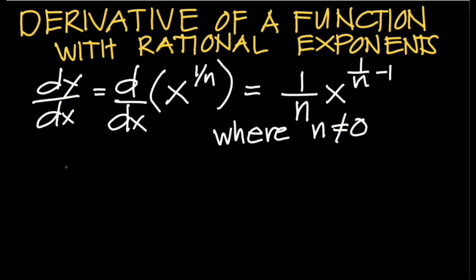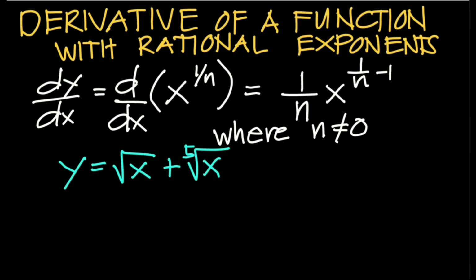Now let's say we're given this function y equals square root of x plus fifth root of x. We can get rid of the radical by writing this in exponential form. So we can write square root of x as x to the 1/2, plus fifth root of x as x to the 1/5.